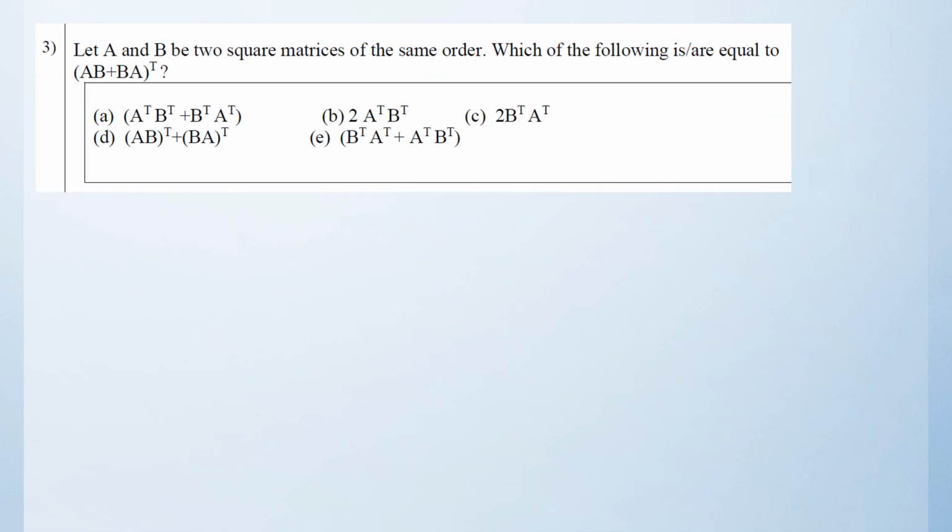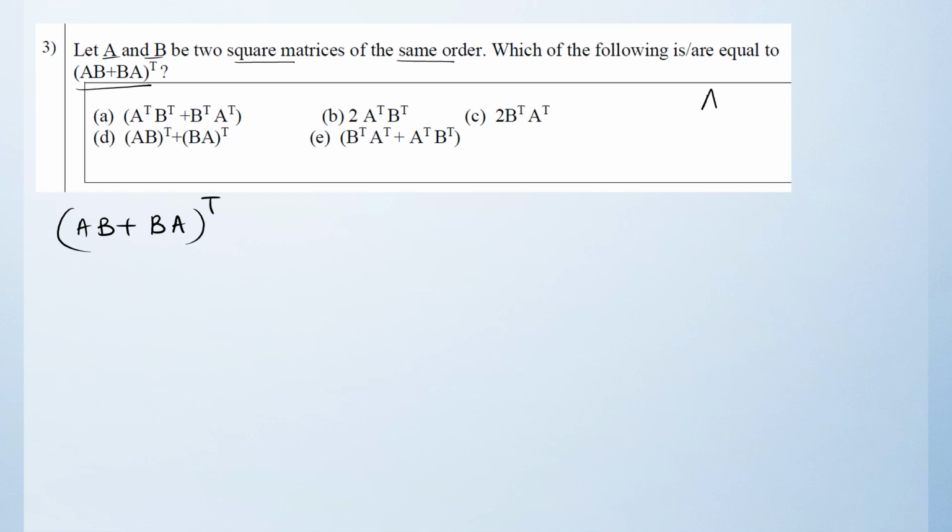Question number 3. Again we have two matrices which are square and of the same order, so we can get the multiplication, subtraction and addition in any order of these two matrices. Here we have to simplify (AB + BA) transpose.